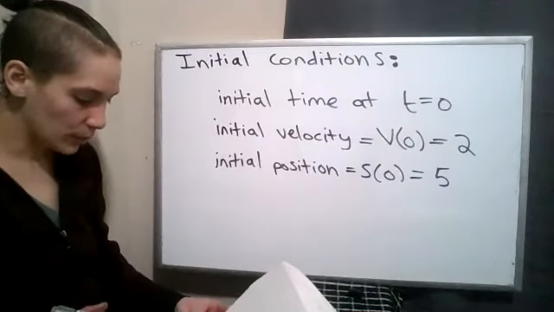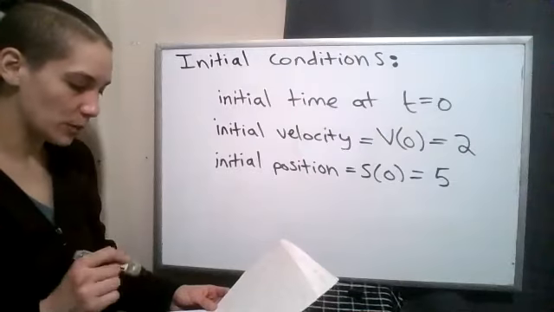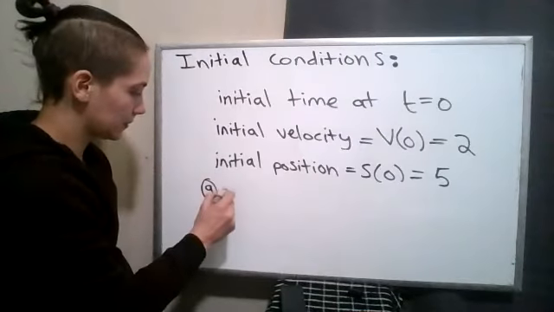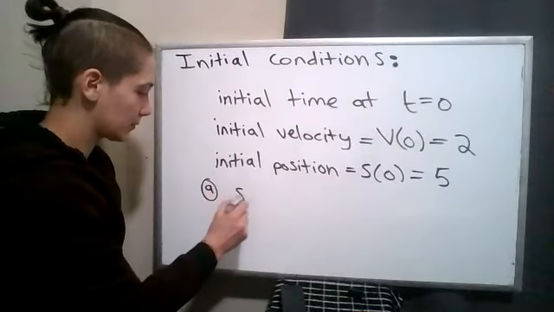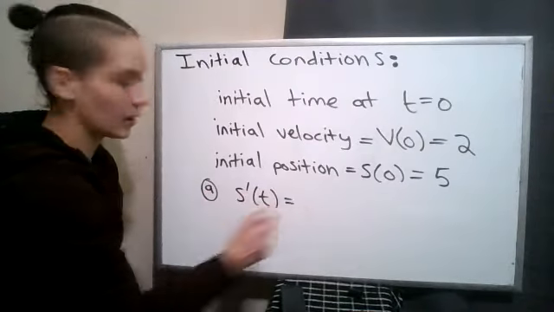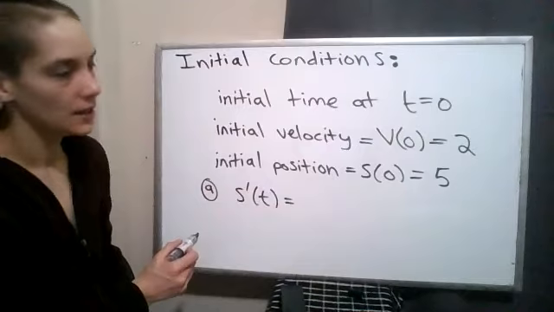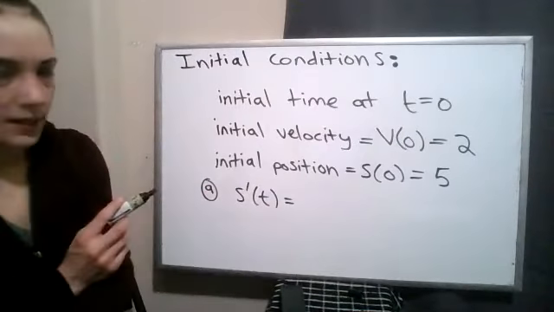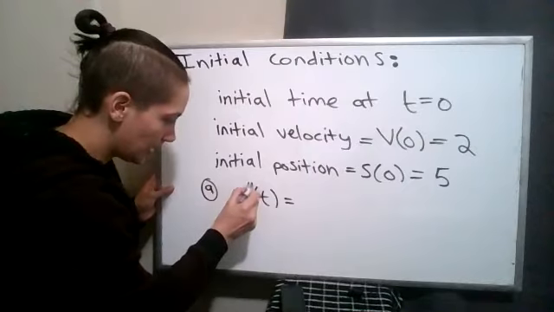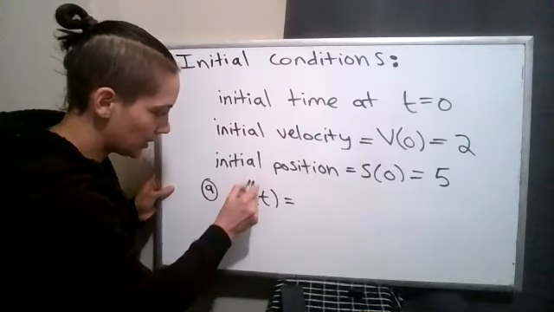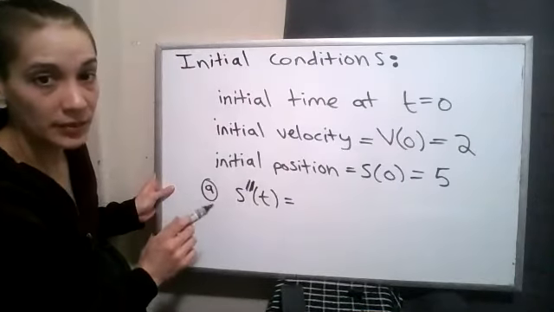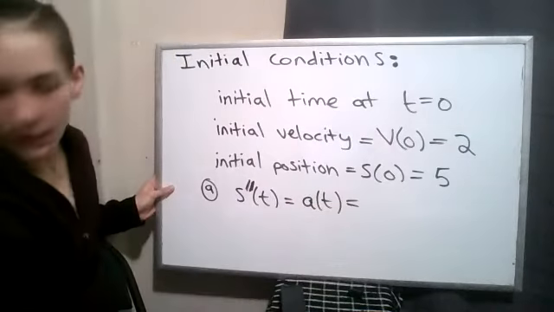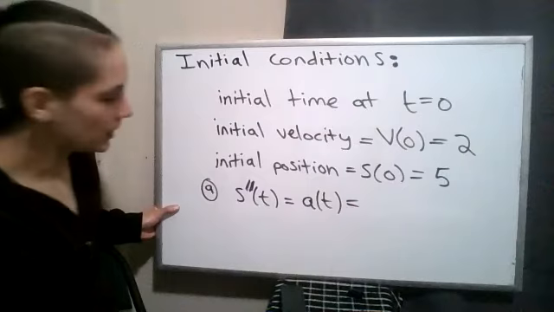Find s double prime, use s double prime of t to find s prime of t. Let's first rewrite what the acceleration function was. Acceleration is s double prime of t, and it was e to the t minus sine t.